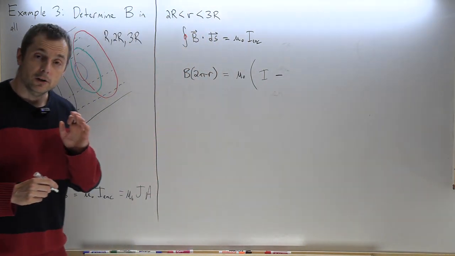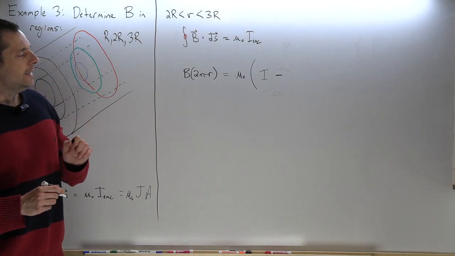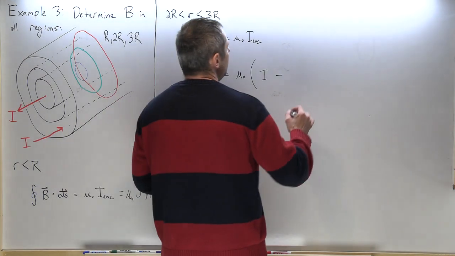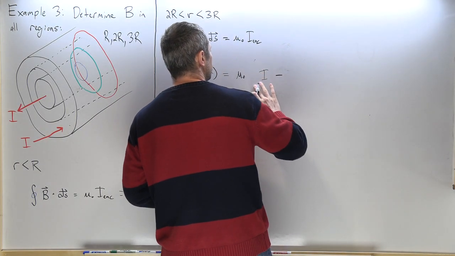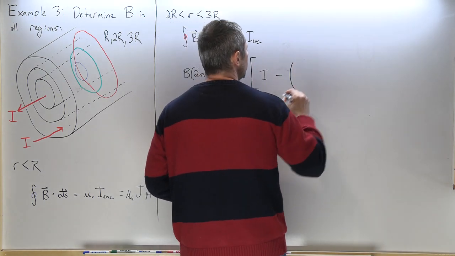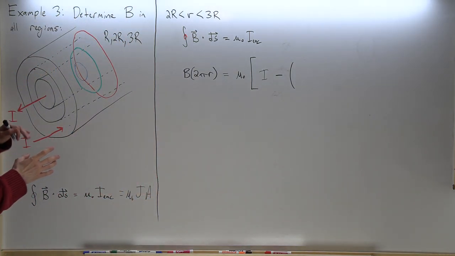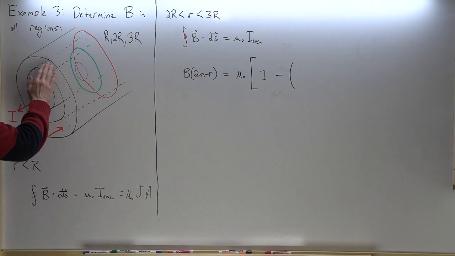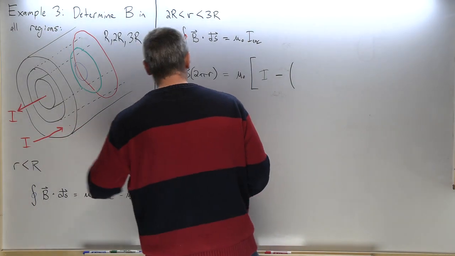And I need to use the concept of J times area. So first thing I need is the current density. Maybe I'll need some brackets here. So current density will be total current over the area through which this current is going in this outer conductor. So we have I going this way.